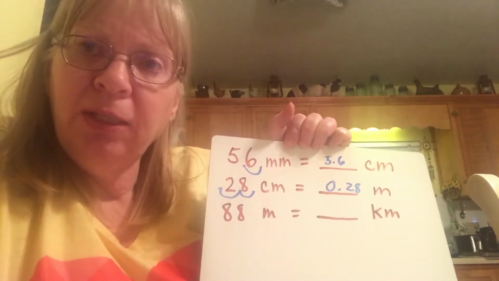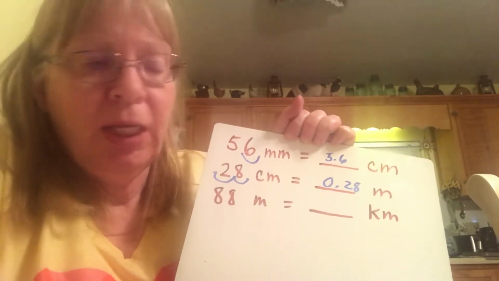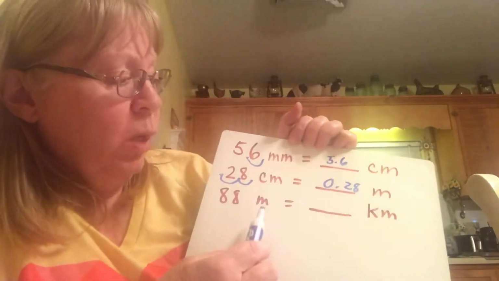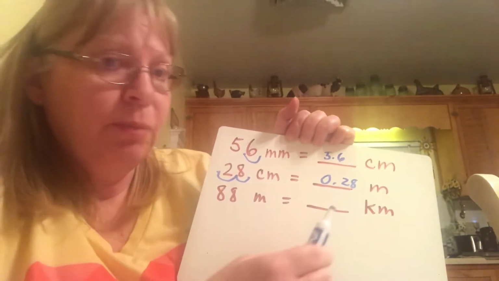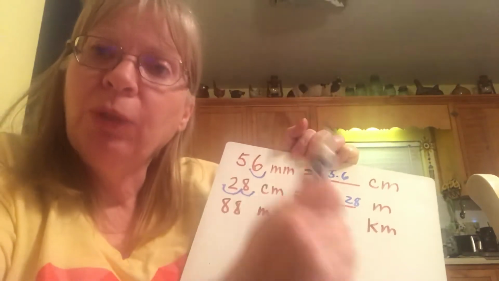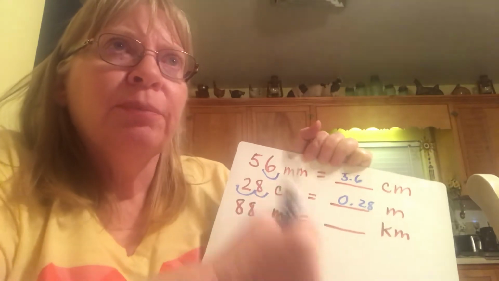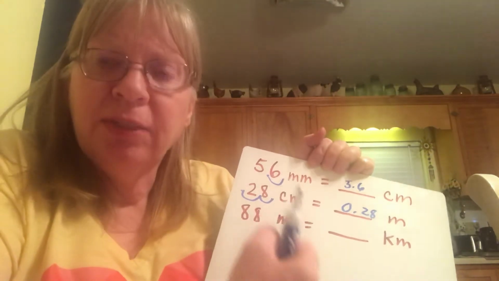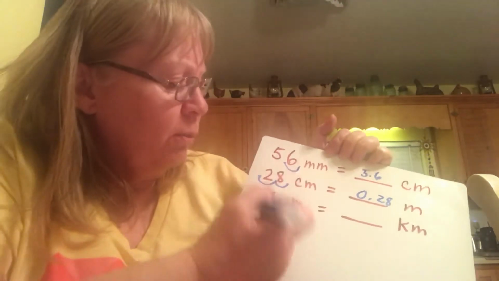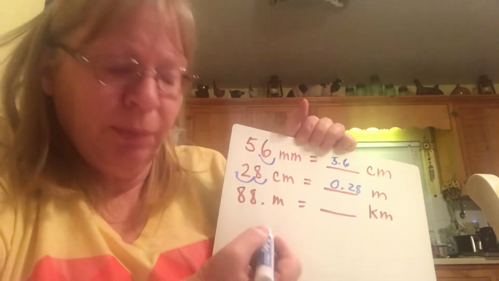Okay, all right. Now I'm going from meters to kilometers. It takes 1,000 of these to make 1 of those. So we have to divide by 1,000. And just remember, each place is 10 times the size of the place before. So if I'm dividing by 1,000, here's my decimal point.